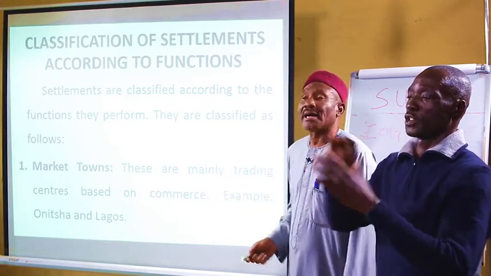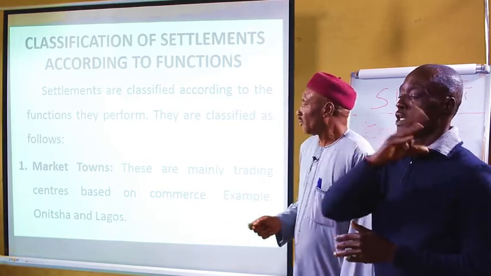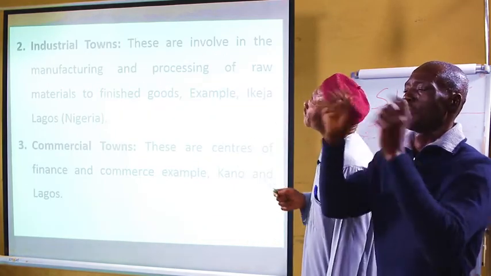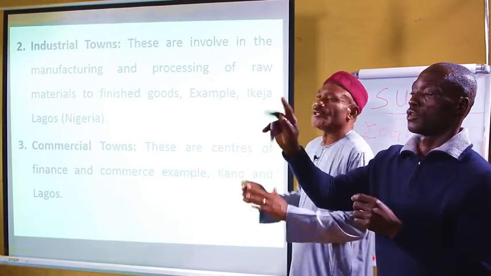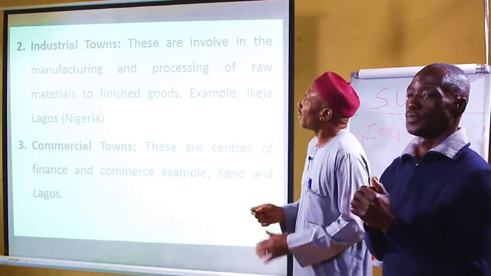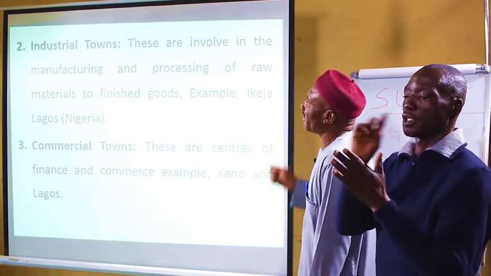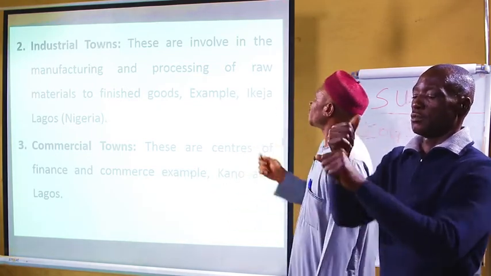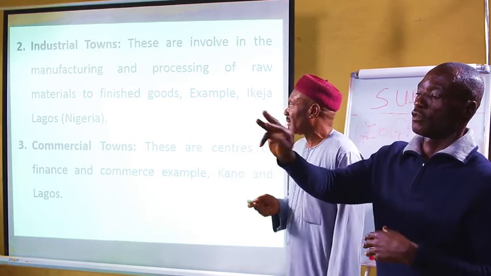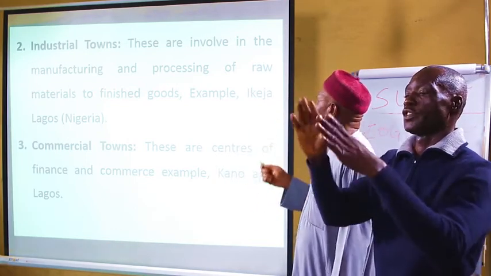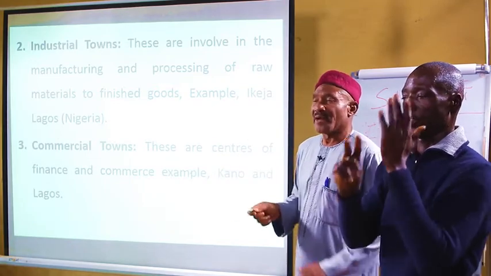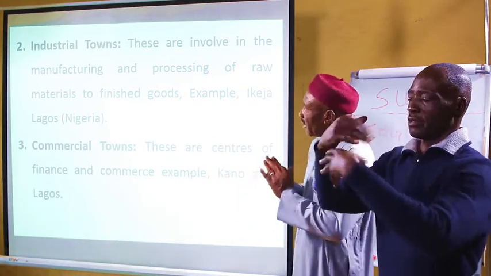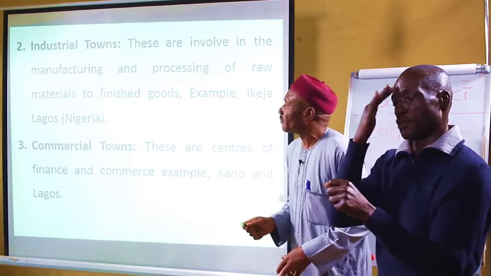Example, Onitsha and Lagos. Two, industrial towns. Some settlements function as industrial towns. These are involved in manufacturing and processing of raw materials to finished goods. For example, Ikeja, Lagos, Nigeria, where they produce goods, is known as an industrial town.